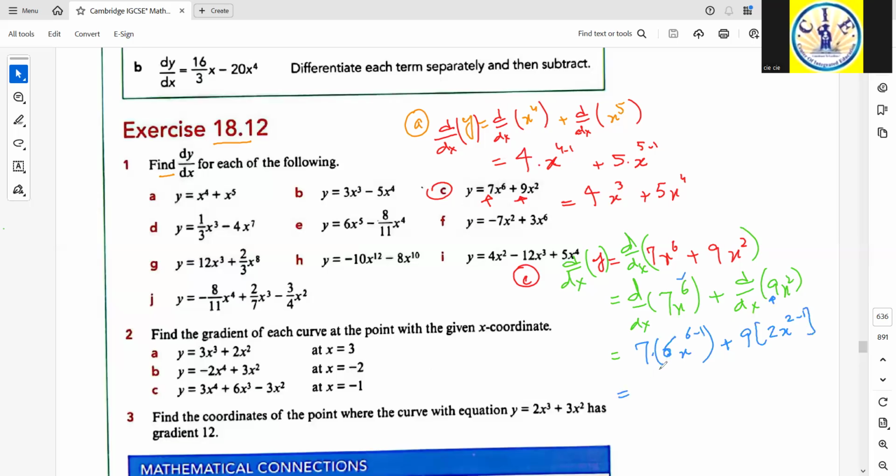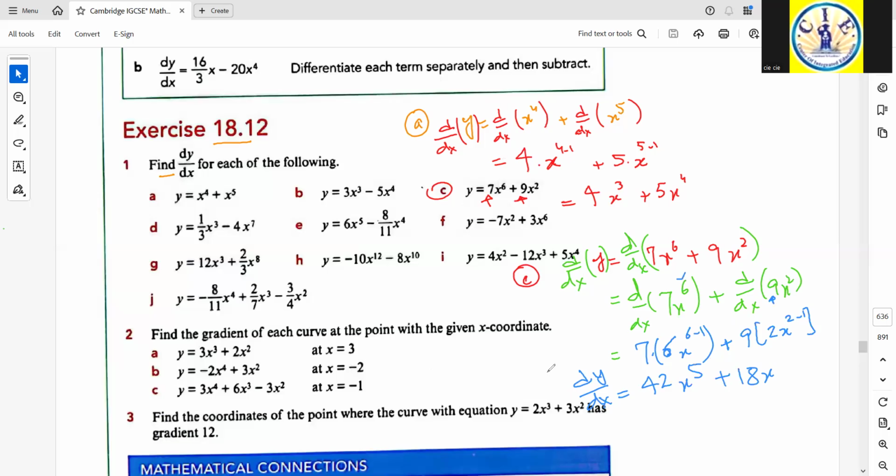Now multiplying them, that completes the dy by dx of the given function.